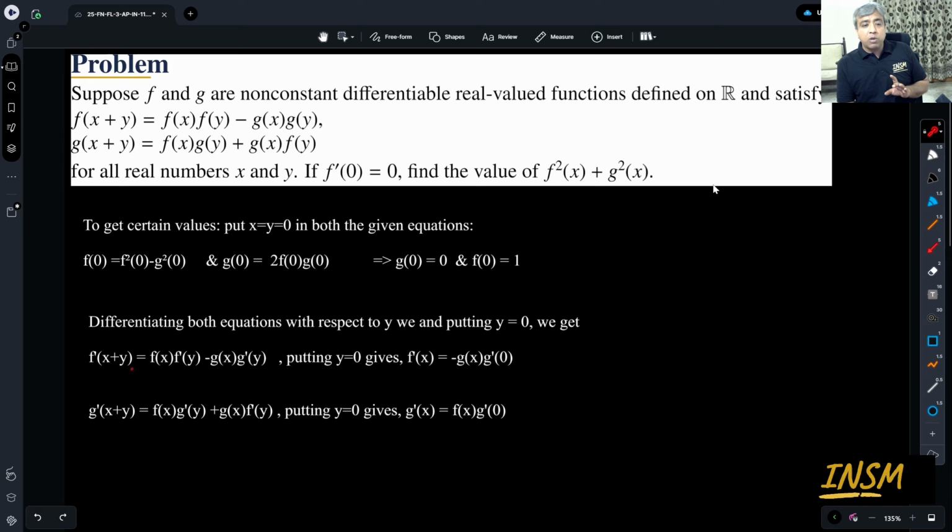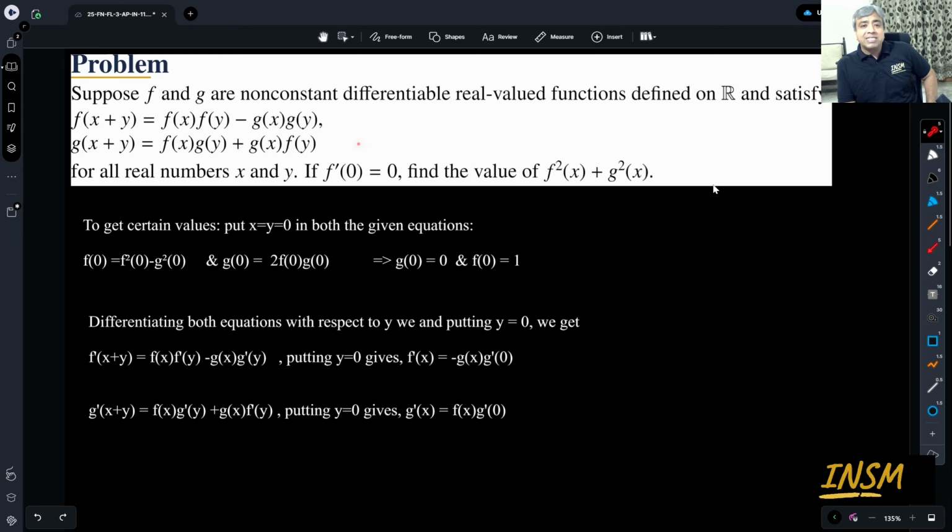On the left hand side we get f dash x, and on the right f0 f dash 0, and f dash 0 is given as 0, so this term will become 0. So f dash x equals minus g x multiplied by g dash 0.